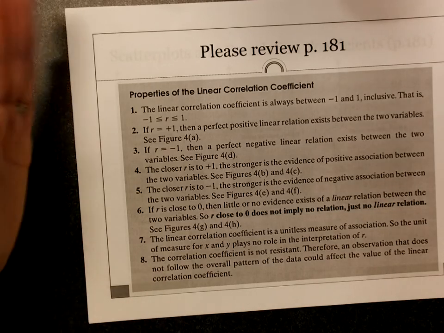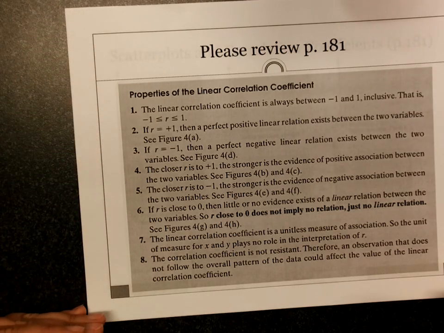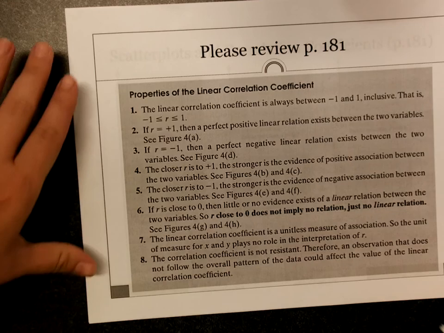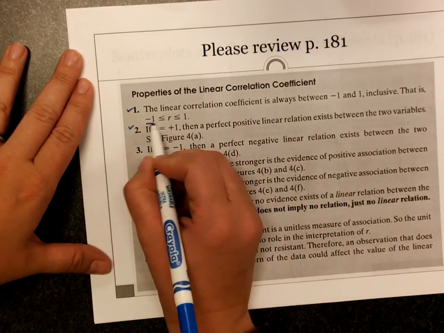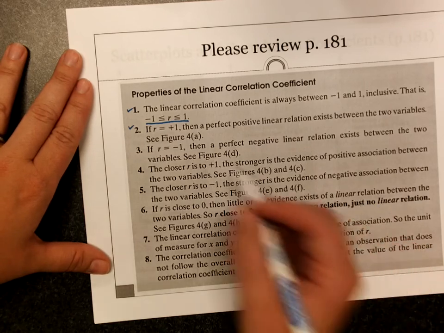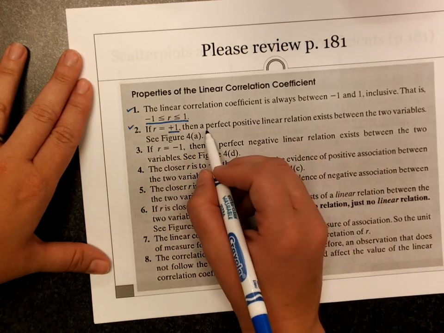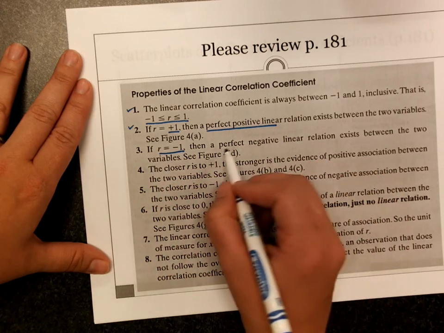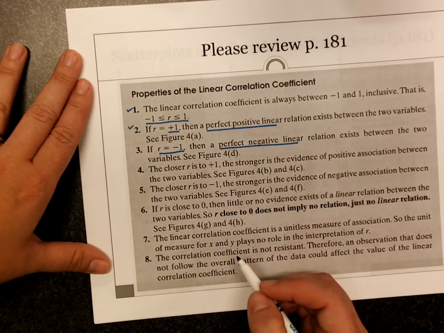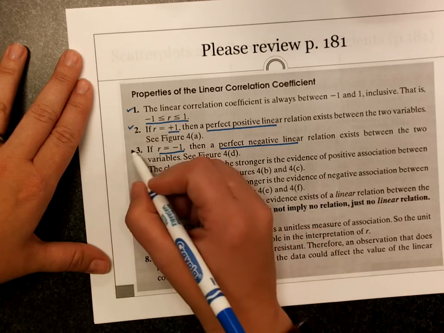The book puts all of this information in a very big chart. Each one of these properties is something we've already discussed. We said R has to be between negative 1 and positive 1. If it's positive 1 exactly, we have a perfect positive relationship. If it's negative 1 exactly, we have a perfect negative relationship, which, to be honest, never happens.